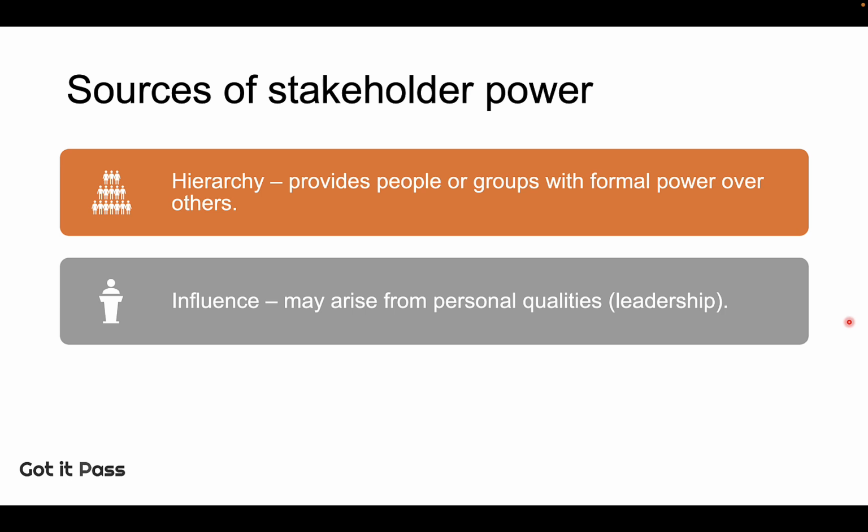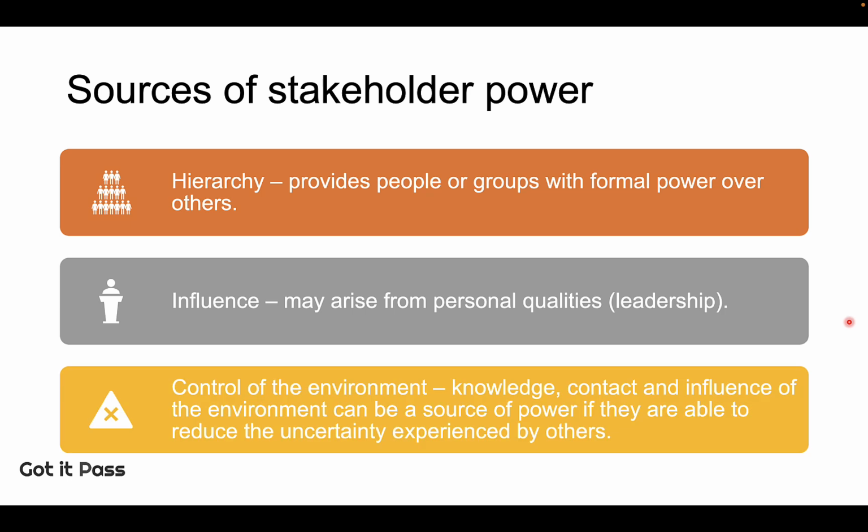They have the personal qualities that can influence others. They are very skillful as well. So the stakeholder power comes from their personal qualities instead of the hierarchy. So it is another source of stakeholder power.